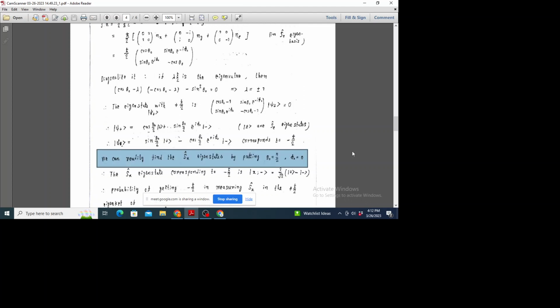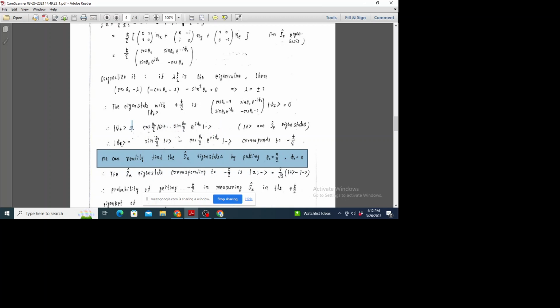We have just found the general eigenstates for an S dot n operator where n is any general direction, so you can choose theta naught and phi naught to be anything allowed, and depending on them you will get different states.